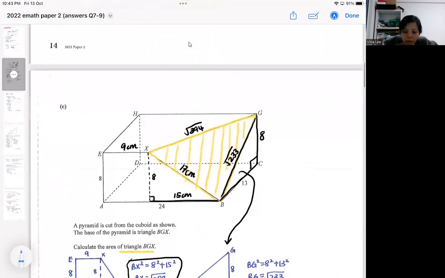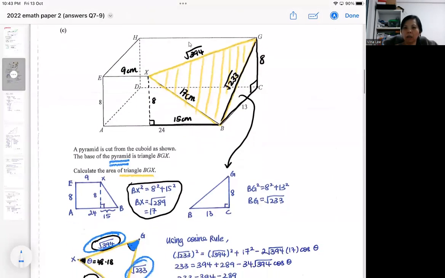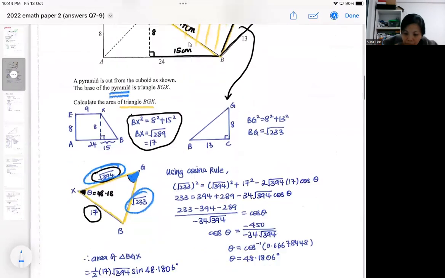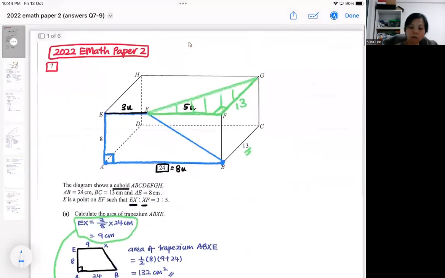Maybe some of you are stuck thinking about the pyramid, thinking, I don't visualize the pyramid. You don't need to care about the pyramid. You just need to care about the triangle. So you focus on the sides of the triangle and do a half AB sine C because it's a triangle. So that is the whole idea on this question.